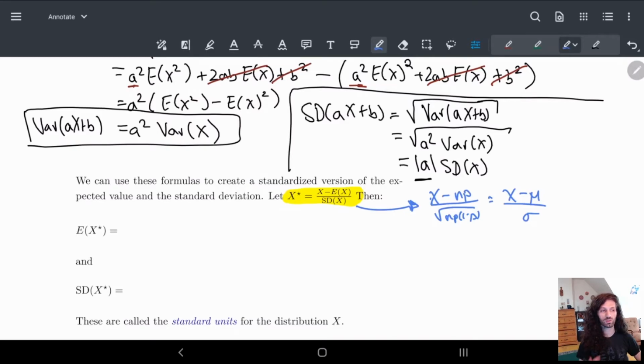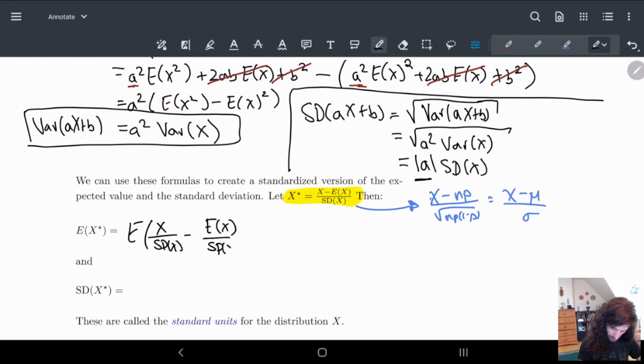So what happens when we take the expected value and the standard deviation? For the expected value, let me first plug this in, and I'm going to split this minus sign. So I'll have x over SD of x, minus E of x over SD of x. This right-hand side is a constant, right? These are just numbers, so I can pull that out.